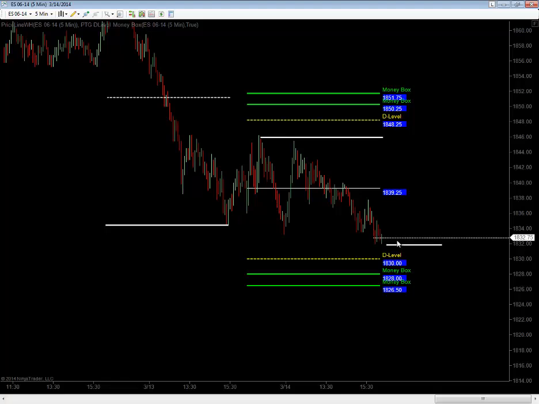So coming into the next trade session, the trader can plan that if the prior day's high gets violated, the D level and money box are already there. Again, this is available at the closing print of the pit session for the next day.